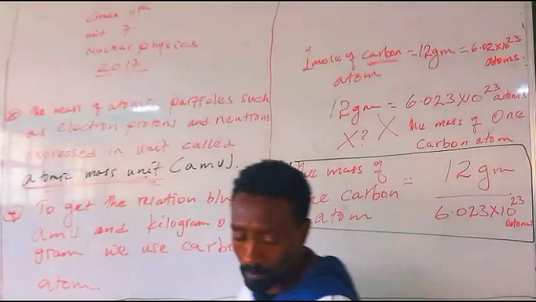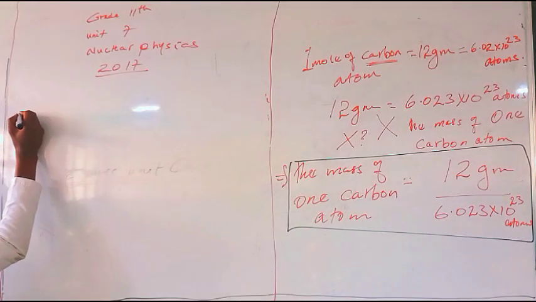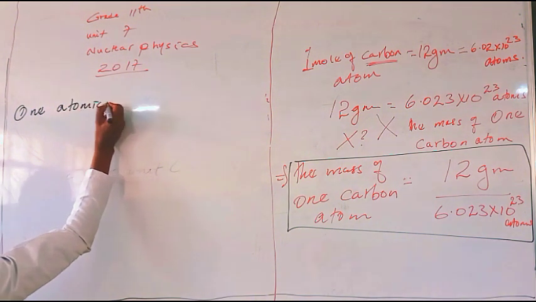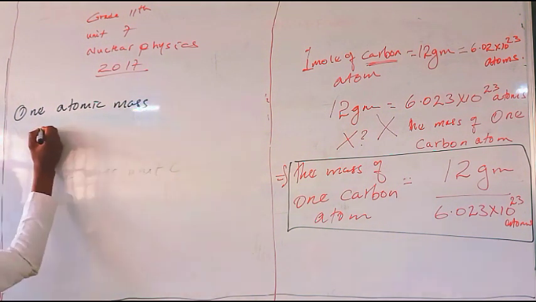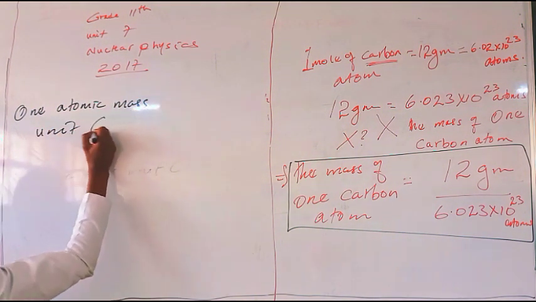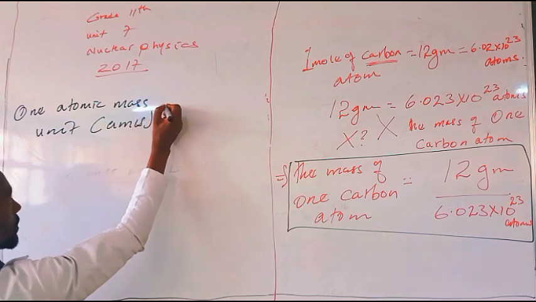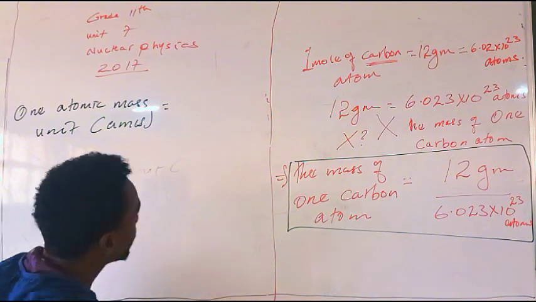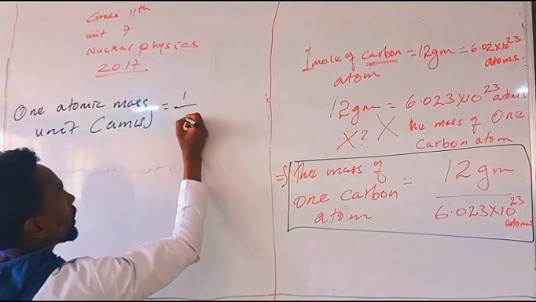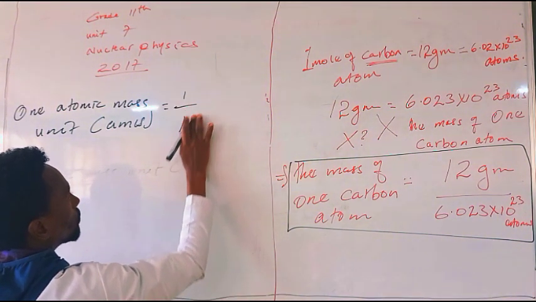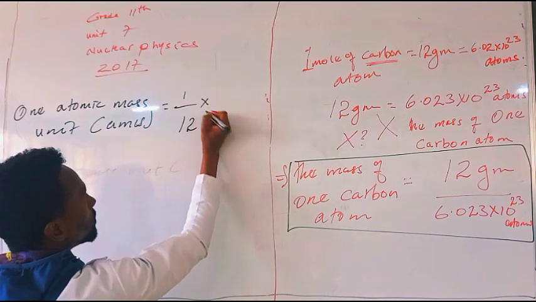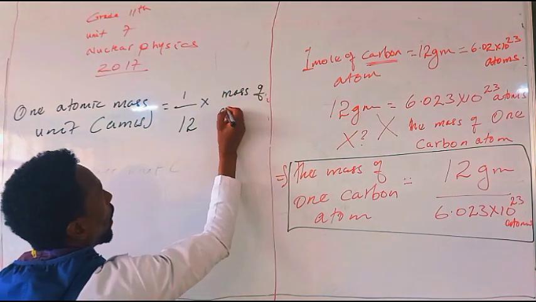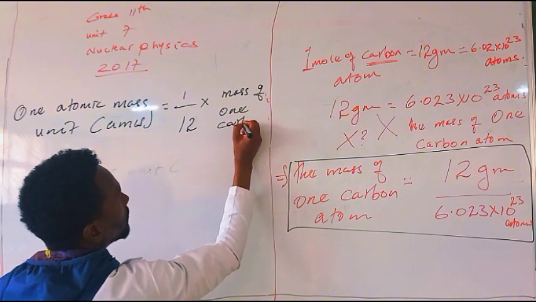After that, you know that one atomic mass unit, or AMU, is defined as 1/12 times the mass of one carbon atom.